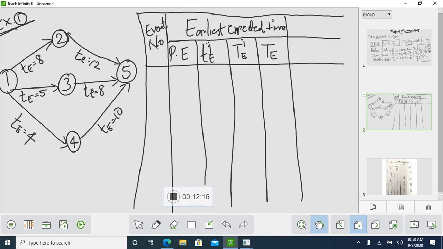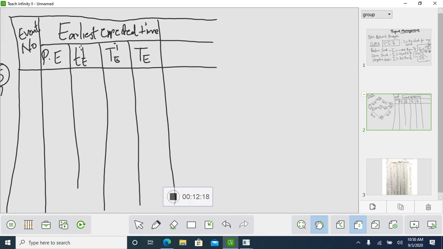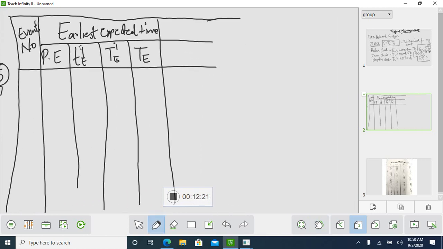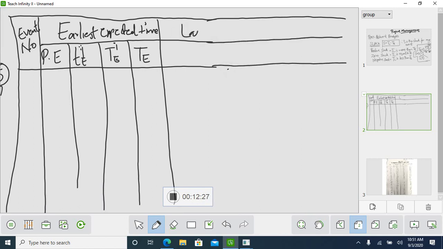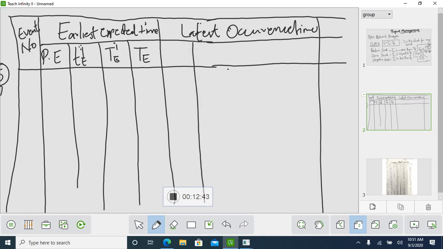Next, you will be doing the latest occurrence time. For latest occurrence time, you will be calculating through the successor event.